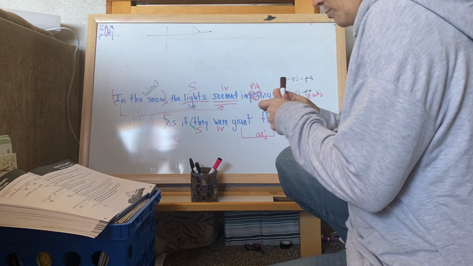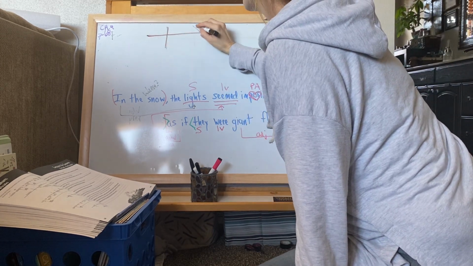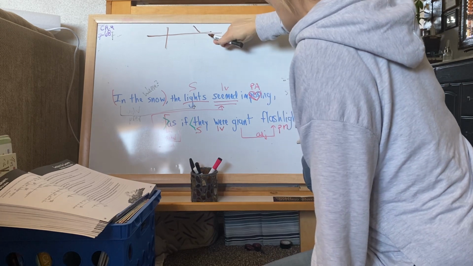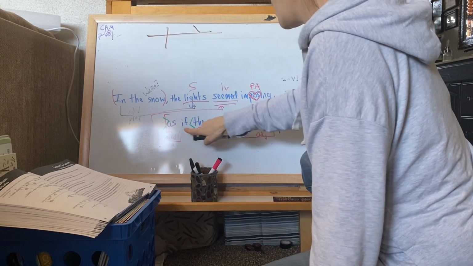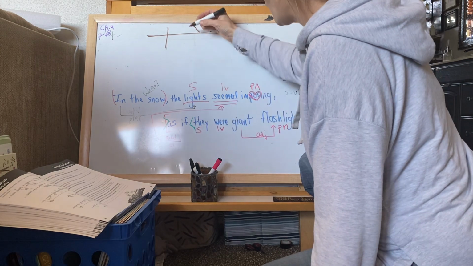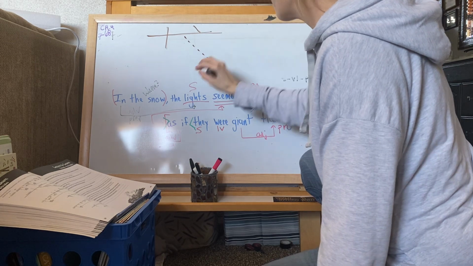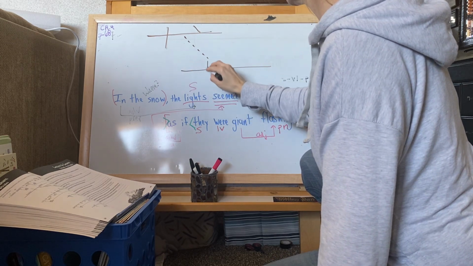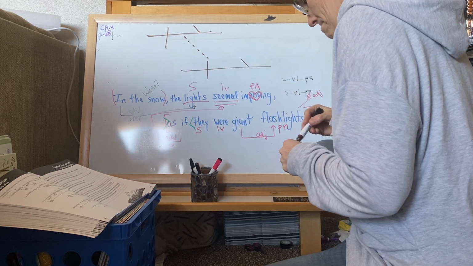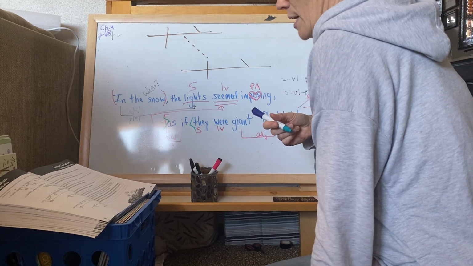Oh, maybe I should do the brown. So I have a SVLPA. I have a conjunction, which always connects our verbs, right? So I'm just going to do that straight up like that. I might need to adjust some of my lines, but that's where I like to start.